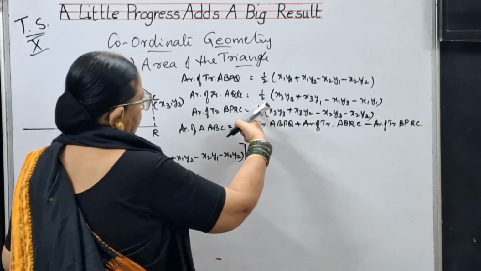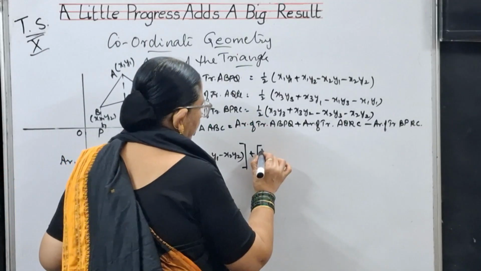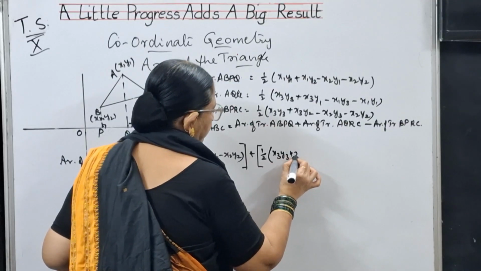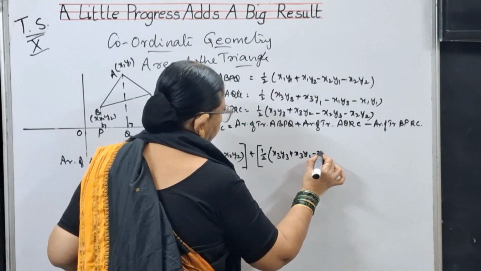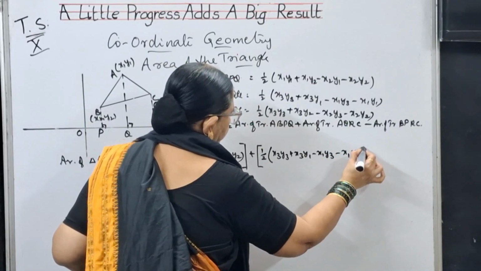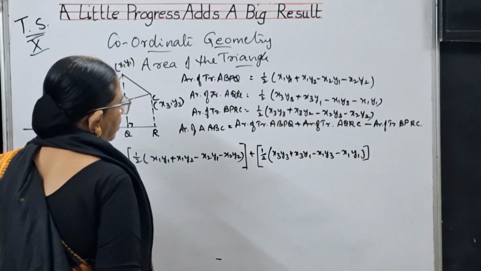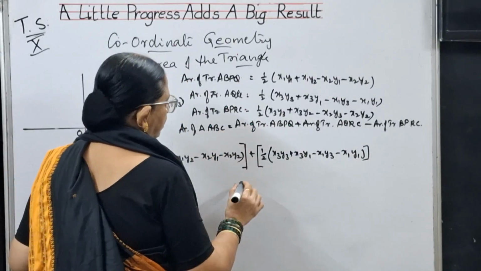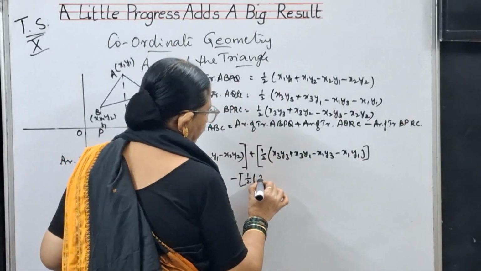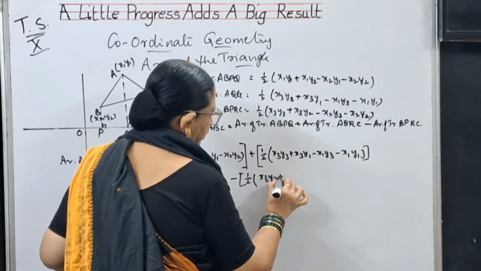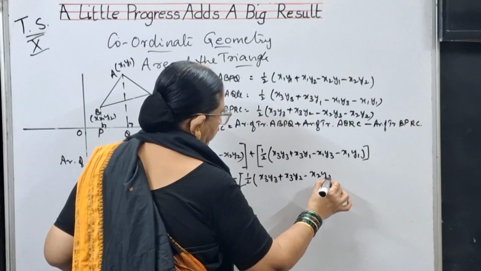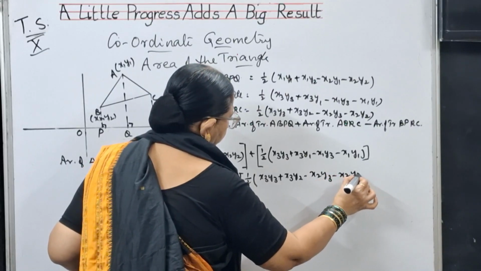Plus area of AQRC, half into x3 y3 plus x3 y1 minus x1 y3 minus x1 y1. This is the second one. Now go for the third one, BPRC. This is minus half into x3 y3 plus x3 y2 minus x2 y3 minus x2 y2.